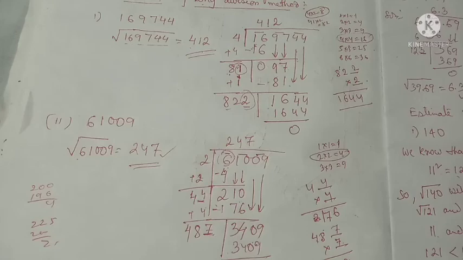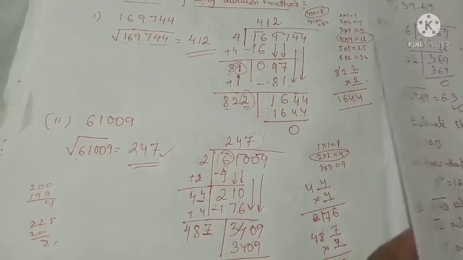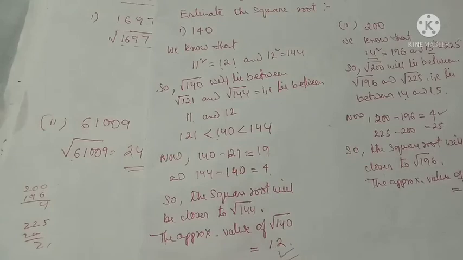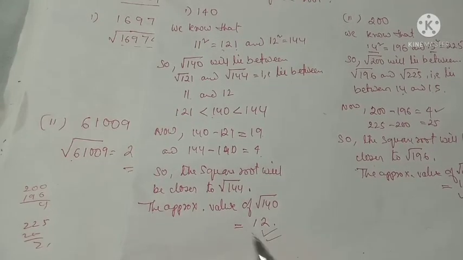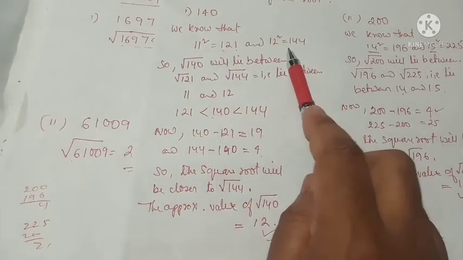This is a very important question. We are going to calculate it using the division method. However, sometimes we need the estimate of the square root of the given number. Maybe the square root of 140 is nearly 12. That means the square root of 140 is not exactly 12, it is approximate. 11 squared is 121 and 12 squared is 144.